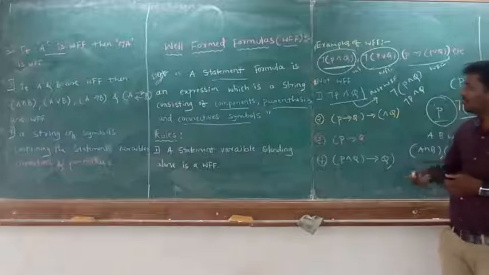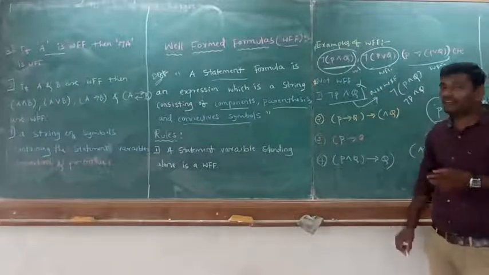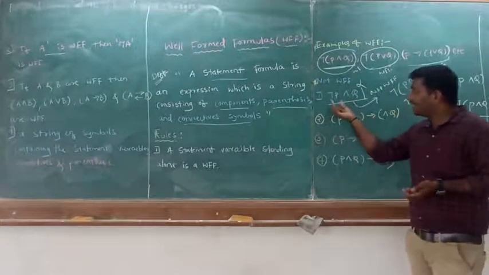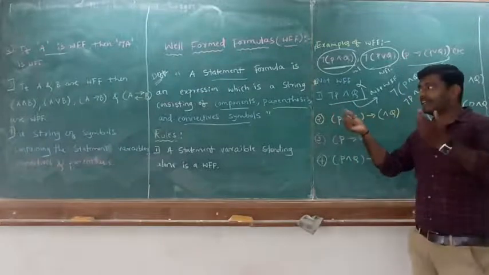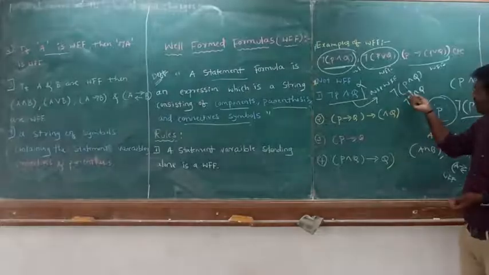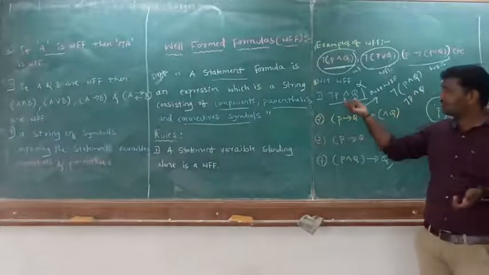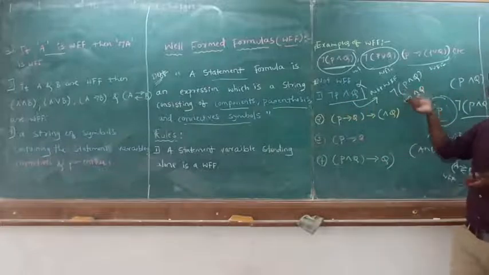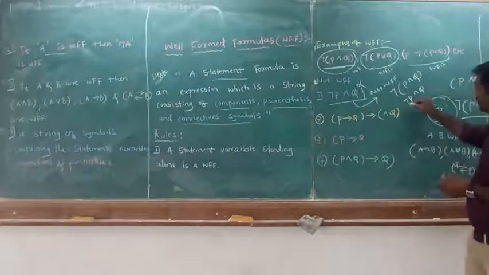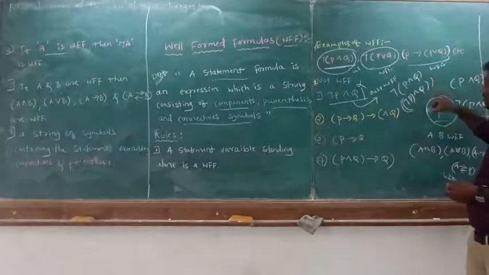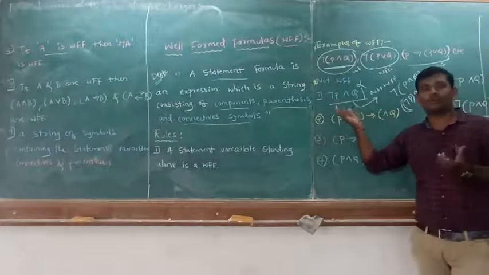So you cannot directly take it as negation of P, or as negation outside brackets of P conjunction Q. The expression has to be written clearly in one of these forms, and then it is valid.